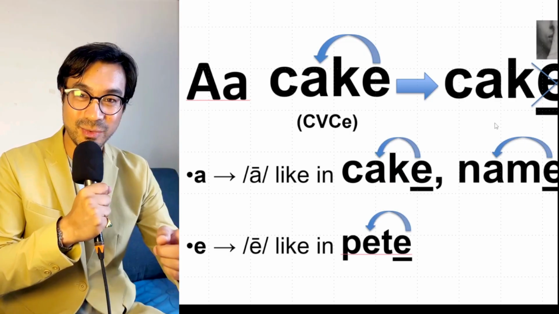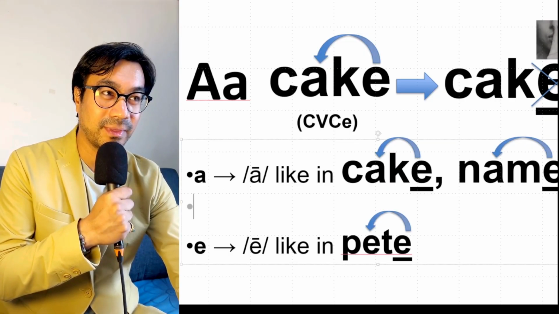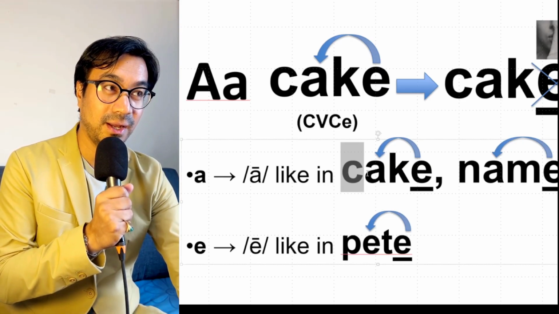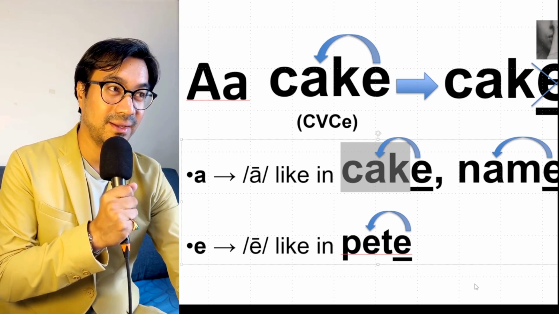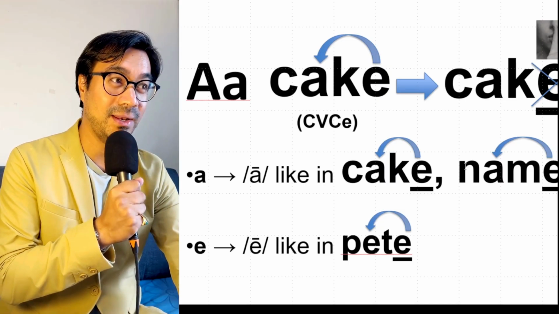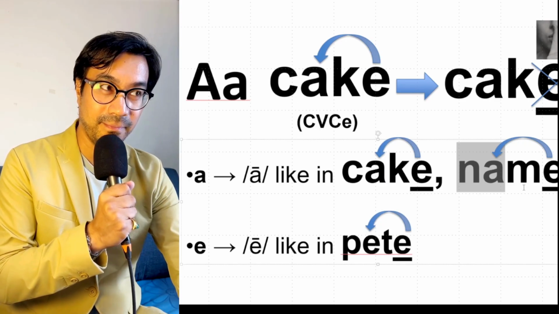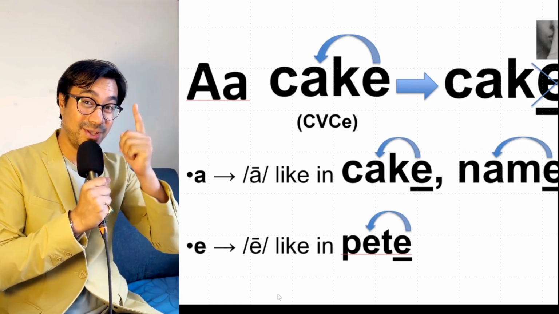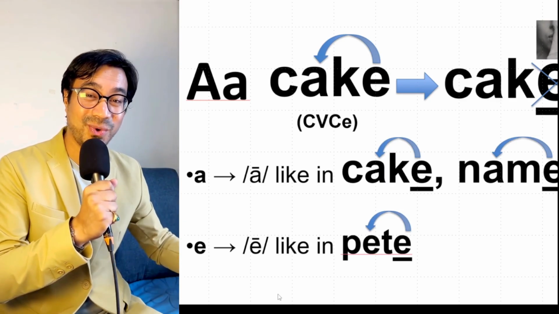So let's practice one more time. K, A, K, cake. So E will be silent. Another one, N, A, M, name. That's good. You have to remember this rule. You have to follow this rule in all the words.